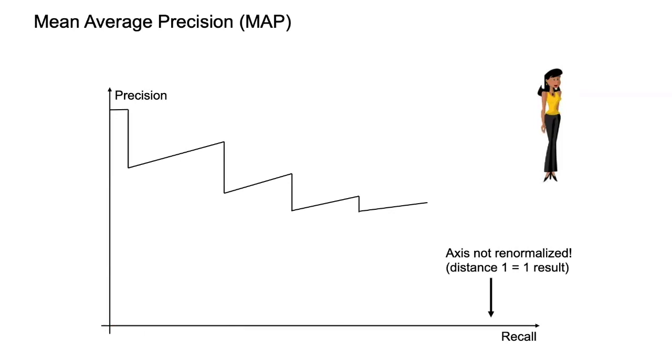Now, what people also do is that this is what we've done for one query. I took one query, one information need, and I put that curve. Now, in your Cranfield data set or the TREC data set, you have other queries and you have other information needs. So you can plot the curves as well. So you get plenty of curves like this, right? So for every query or every information need, you can compute the average precision, right?